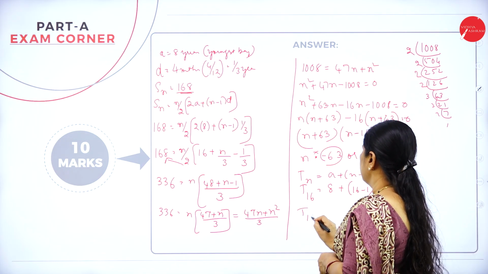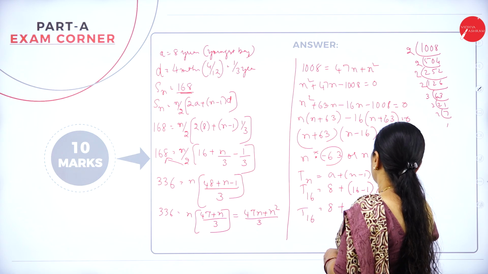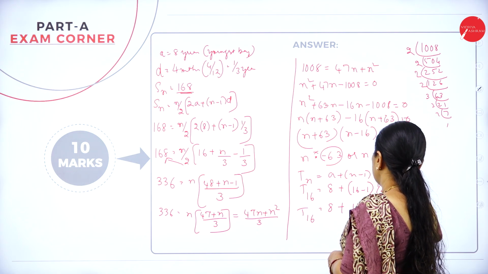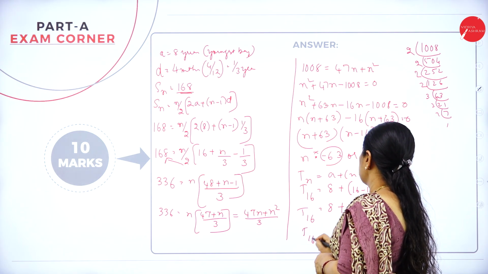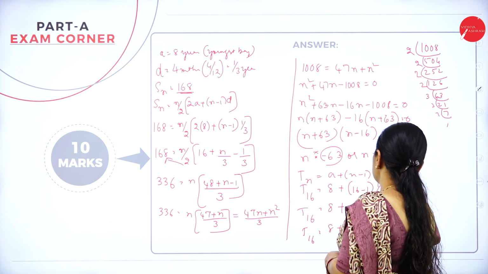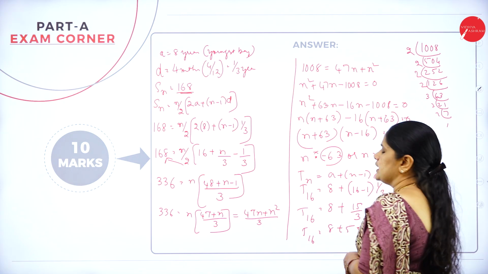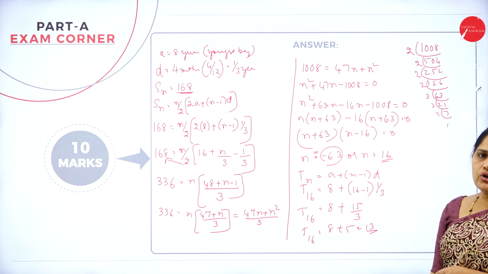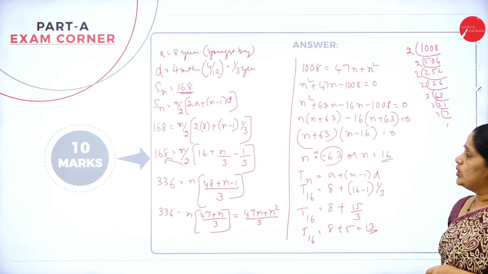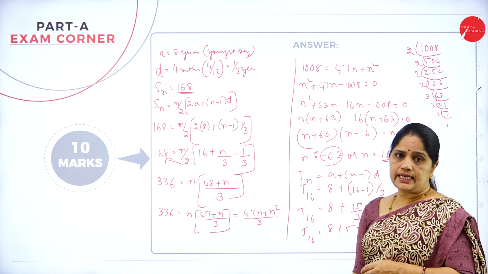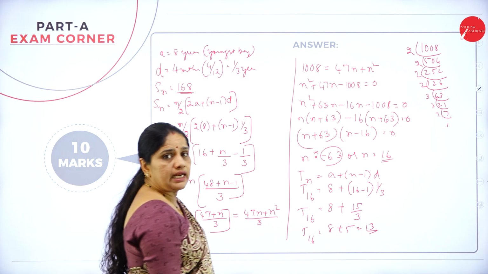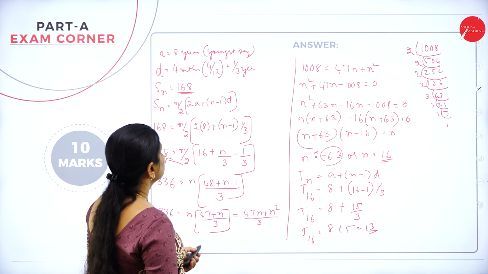So T16 will be 8 plus 15 by 3, that is 8 plus 5, that is 13. So the oldest boy of the class is 13 years old. The youngest boy is 8 years old. Now the next problem.